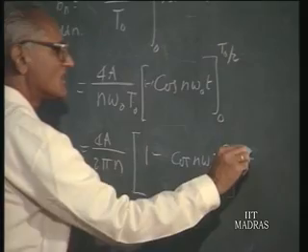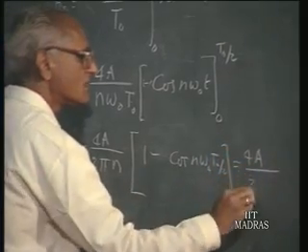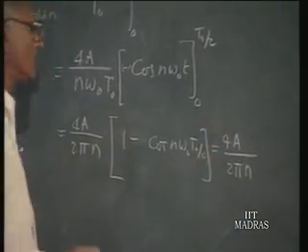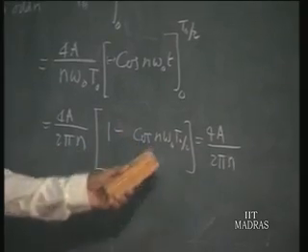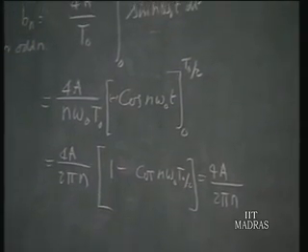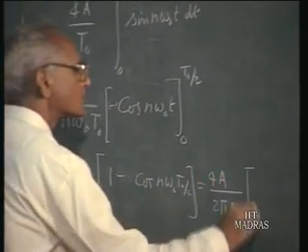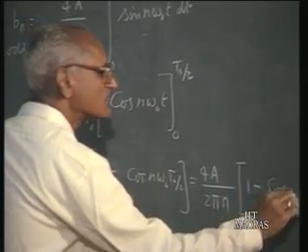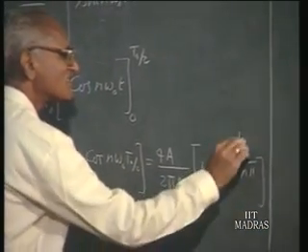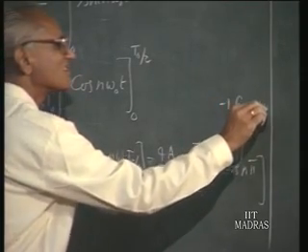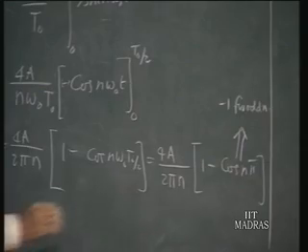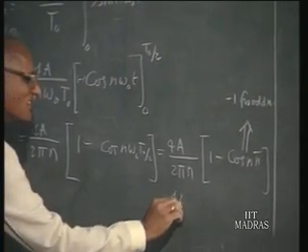Therefore, this is 4a by 2 pi n times, where cos n omega naught T naught by 2 is cos n pi, and we are talking about odd n. So, cos n pi will be minus 1, and therefore, this will be 4a by n pi.